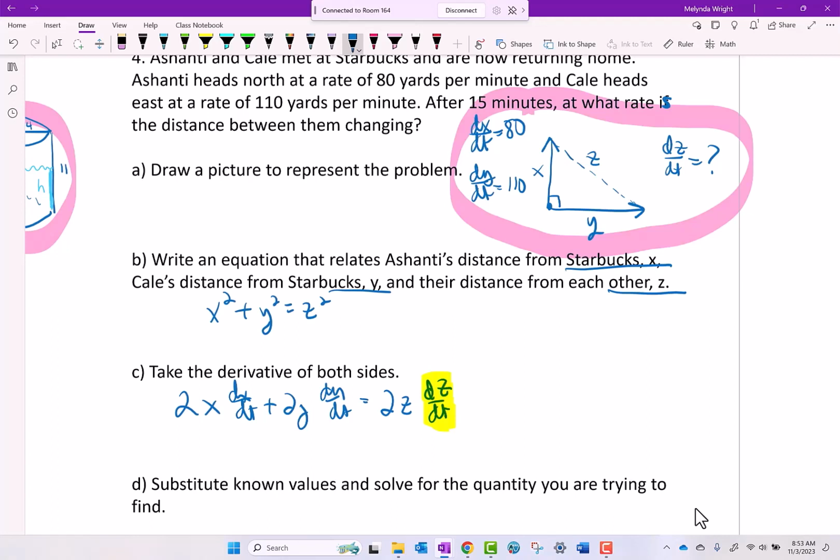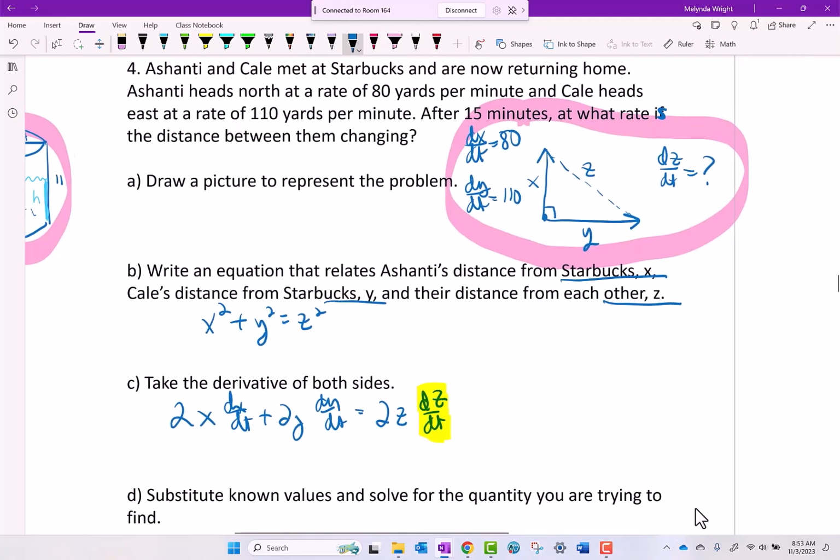It says after 15 minutes. So if they've been walking for 15 minutes, we'll just start with Ashanti. She's been walking for 15 minutes and she's walking at 80 yards per minute. Wouldn't we be able to find how far she's gone?